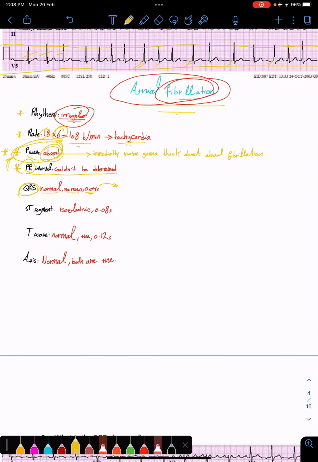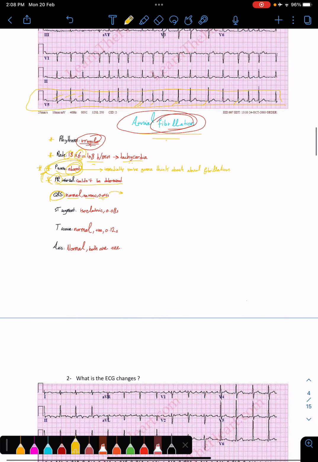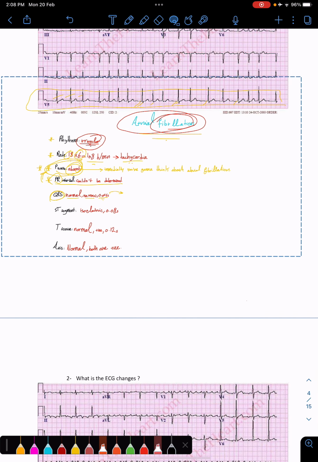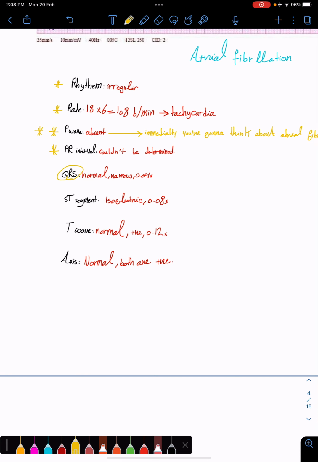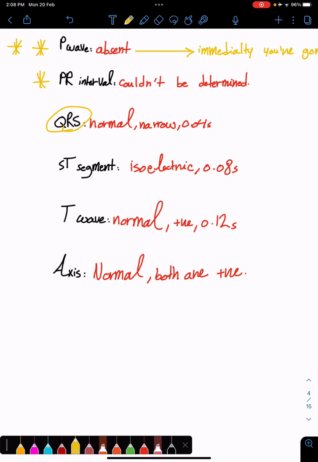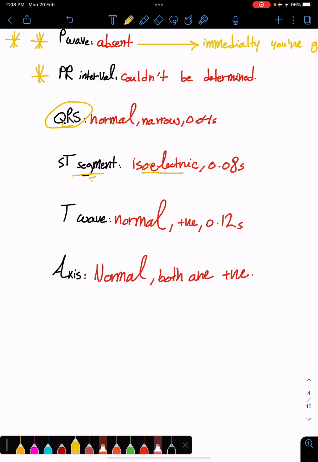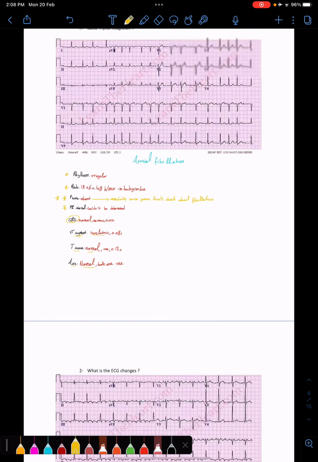Okay, this is about the QRS. The ST segment is going to be isoelectric, the T wave normal, and the axis is normal as well.